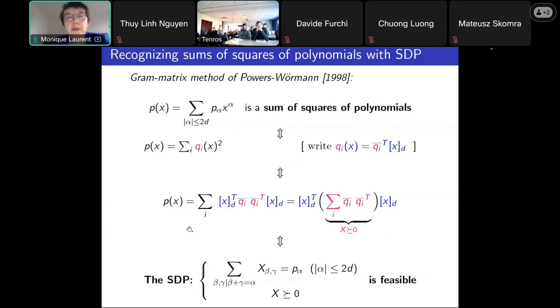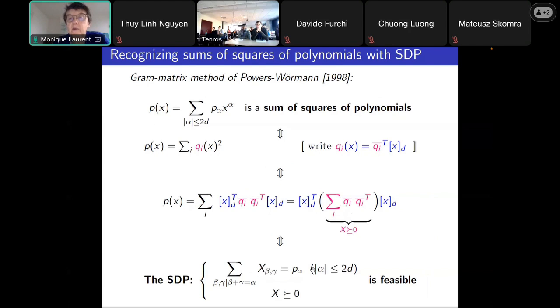So what do we obtain? We obtain that P is a sum of squares precisely when I can write it as the vector of monomials times X times the vector of monomials, where X is positive semidefinite. And this gives us a test for whether P is a sum of squares. P is a sum of squares if and only if one can find a positive semidefinite matrix X which satisfies a bunch of equations.